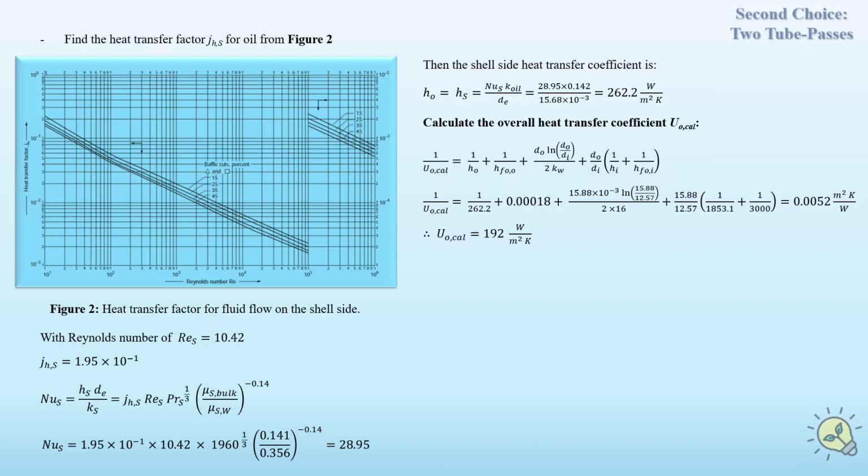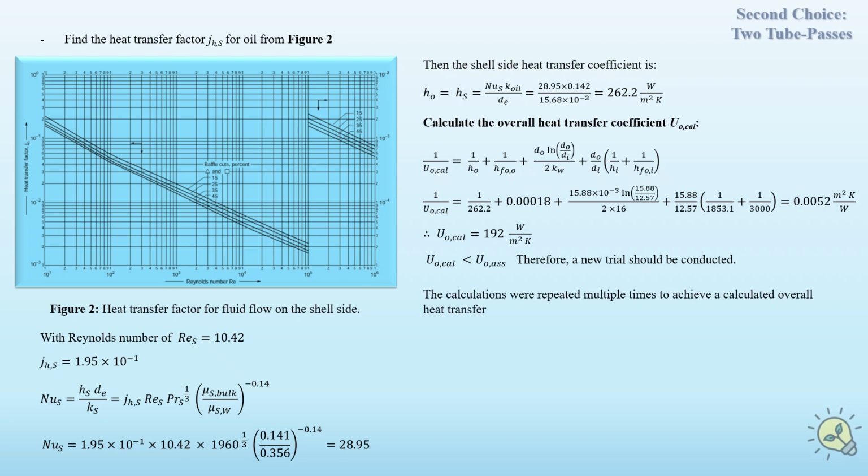That means we get U naught calculated to be 192 watts per meter squared Kelvin, which is less than the assumed value. That means we have to go through multiple trial and error to find the calculated overall heat transfer coefficient depending on the assumed value.